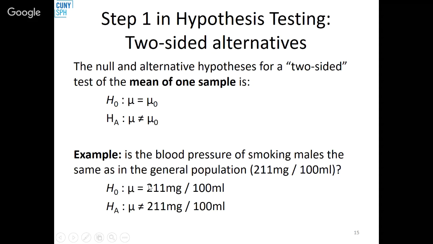The null hypothesis is that mu, which is the population average blood pressure for smoking hypertensive males, is the same as that of the general population, which is 211 milligrams per 100 milliliters of blood. And the alternative is that average blood pressure for smoking males is not equal to that of the general population, either greater than or less than, for a two-sided test.